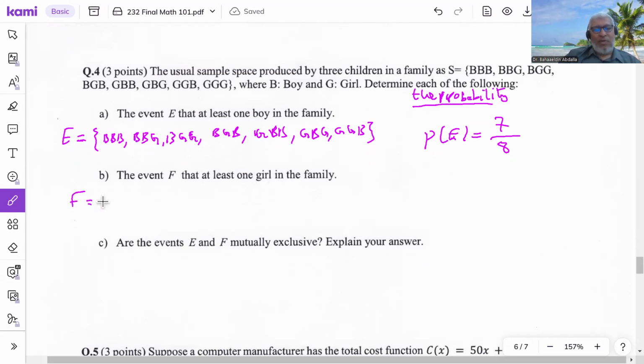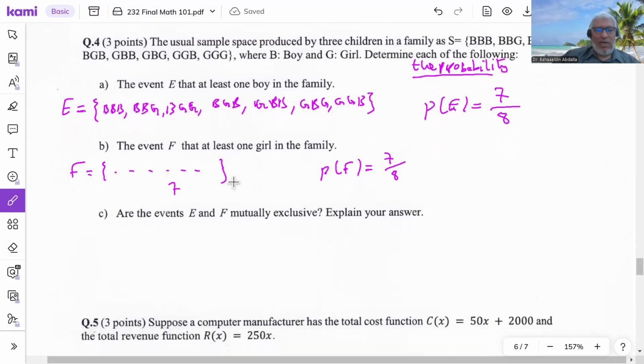Again, F would have everything except BBB, because at least one girl. So write all of them, 7. Okay, so probability of F would be also 7 over 8, because everything except BBB. At least one girl means 1 or 2 or 3 girls.